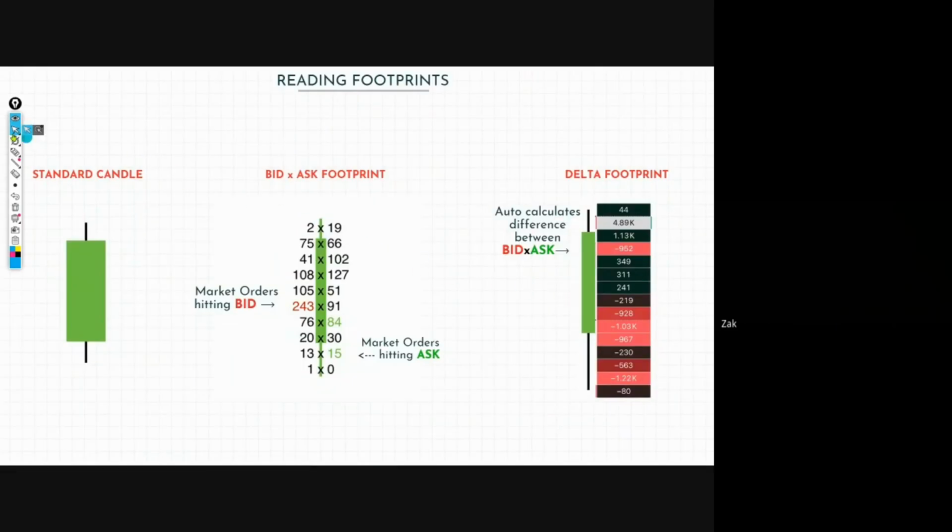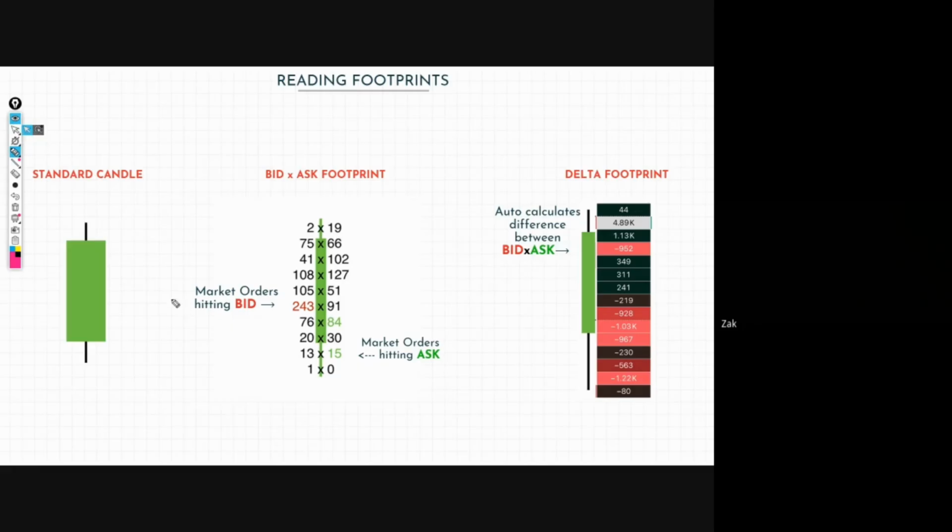All right, so this here is a footprint chart. I'm going to assume most people are not too familiar with this, so I'll go really into the basics. There are multiple styles of footprint charts out there, and the style you use should be based on what type of information you're trying to extract.